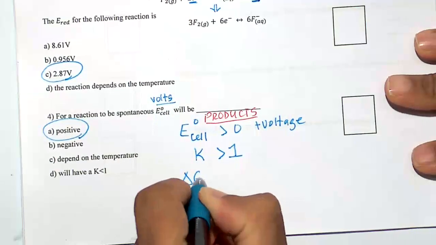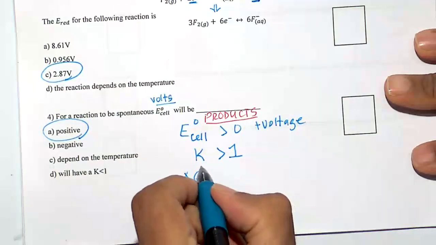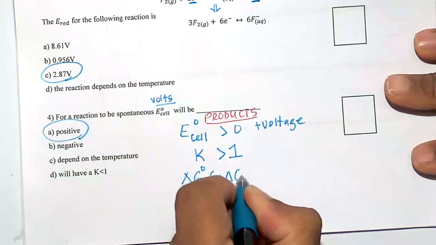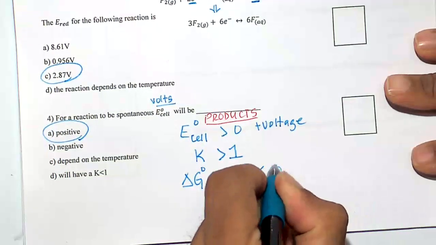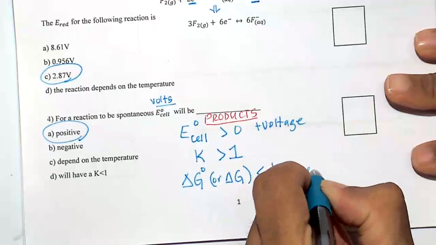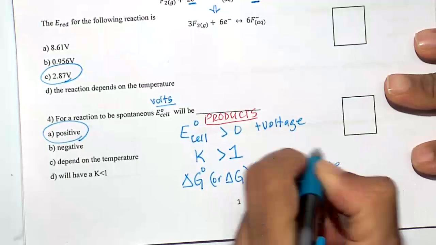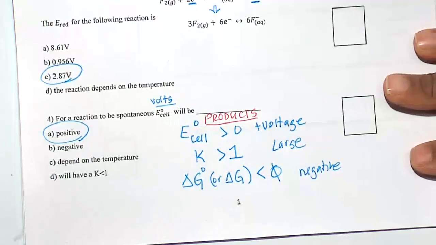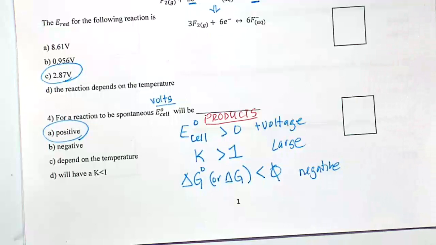And in terms of energetics, the delta G, whether it's in standard state or non-standard state, must be negative. All of these aspects favor a reaction that is going to move forward and favor the right-hand side.